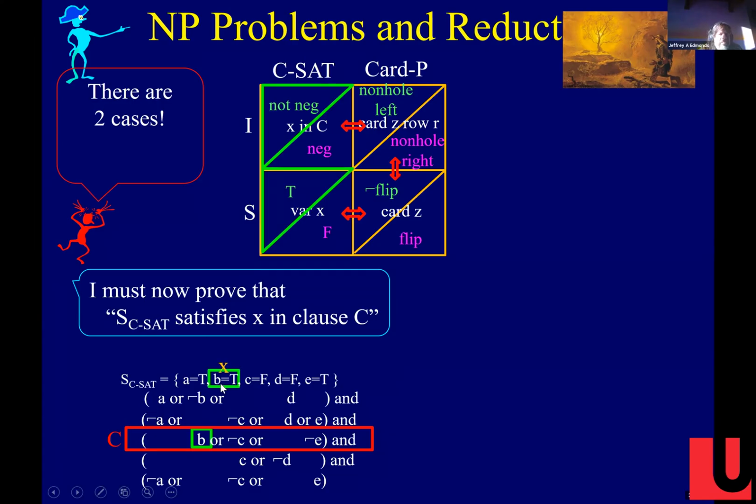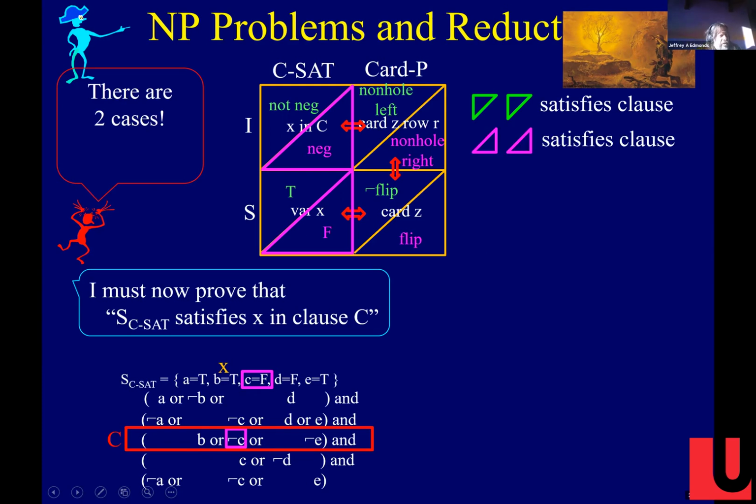So now that tells us, well, if the variable is not negated, then it's set to be true, right? And hence it's satisfied, right? That satisfies the clause. And what about these bottom guys? If the variable is negated and we set the variable to be false, then that also satisfies the clause, right?